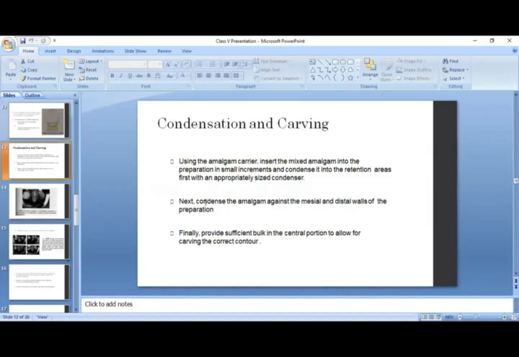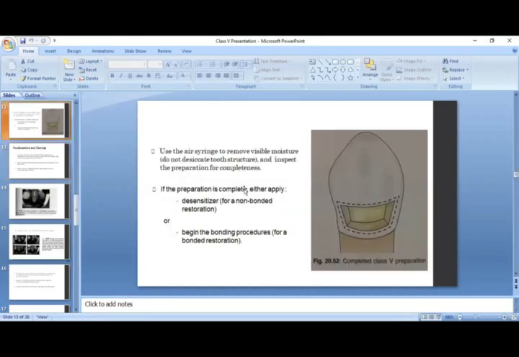Right. Next, condense the amalgam against the mesial and the distal walls of the preparation. What are basically the mesial and distal walls? For example, we are using the condenser and placing that restorative material against the mesial and the distal walls. We are condensing against that wall. For example, this is the mesial side and this is the distal side, right?